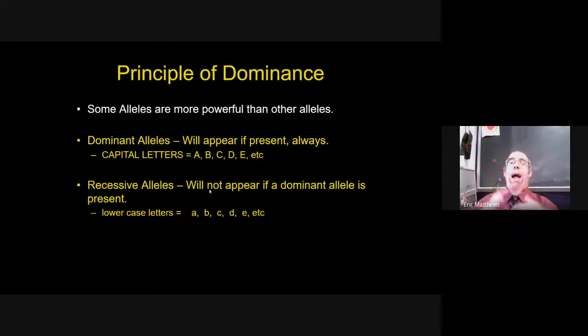They'll be overpowered. They'll be pushed to the background. The dominant allele will take center stage in order to fill up all of the attention and bask in the glory. The recessive allele will take that step back. It doesn't care. So the only time we will see recessive alleles is if you have two of them. If you have one dominant allele, you won't see the recessive.